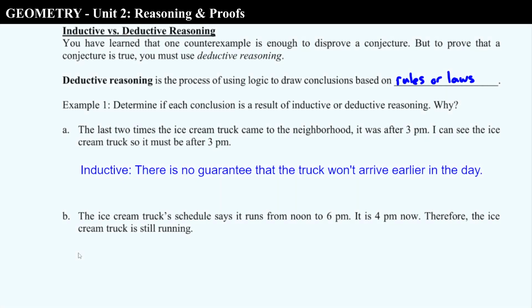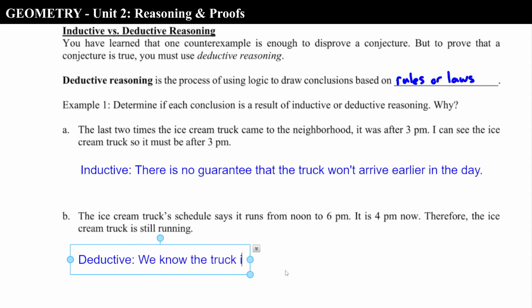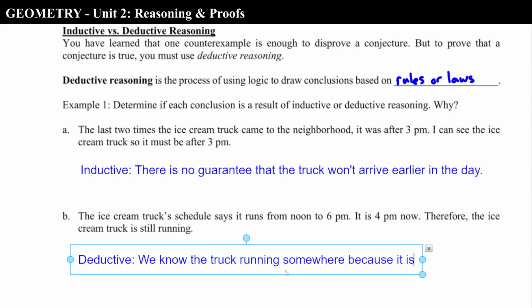Now, to contrast that, let's look at example B. The ice cream truck's schedule says it runs from noon to 6 p.m. It is 4 p.m. now, therefore the ice cream truck is still running. This is an example of deductive reasoning. And the reason this is deductive is that we know the truck is running somewhere along its route because it is within operating hours.